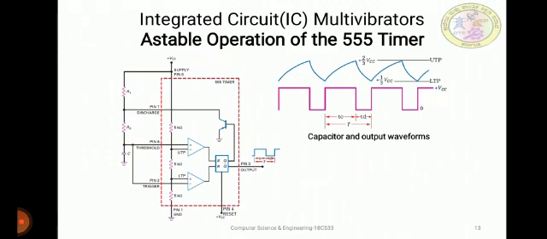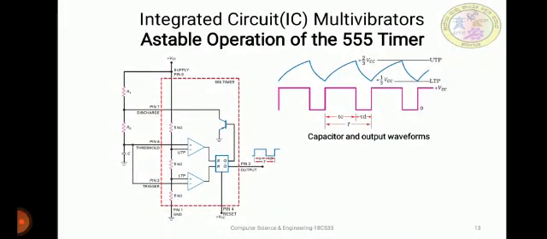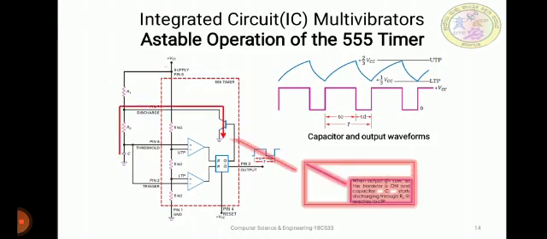The time required to complete one charge and discharge cycle of the output is therefore given as T = T charging + T discharging. That is the total time period, as shown here.